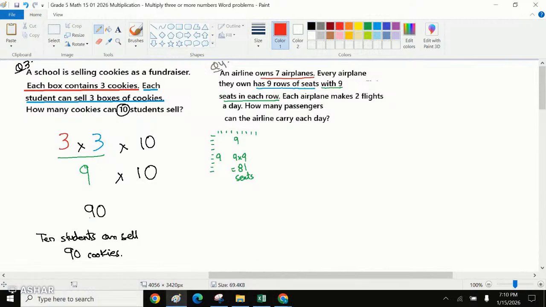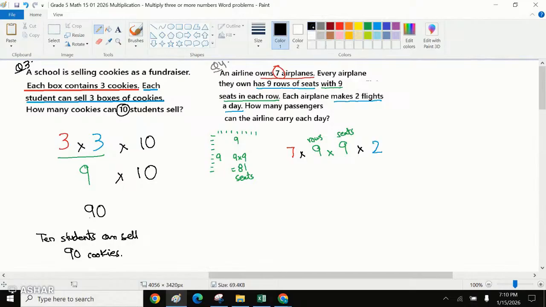There were 7 planes. Each plane had 9 rows with 9 seats. This was rows and these were the seats, right? To be multiplied by how many trips they made. It makes 2 flights a day, 2 trips per day, right? Each plane makes 2 flights.